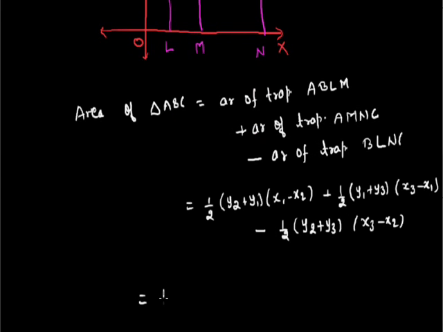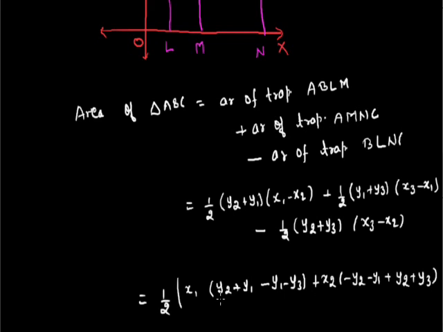Now if we take the coefficient of x1, it will be y2 plus y1 minus y1 minus y3. Now plus x2 times (minus y2 minus y1 minus y2 minus y1) and plus y2 plus y3, and the coefficient of x3 will be y1 plus y3 minus y2 minus y3.